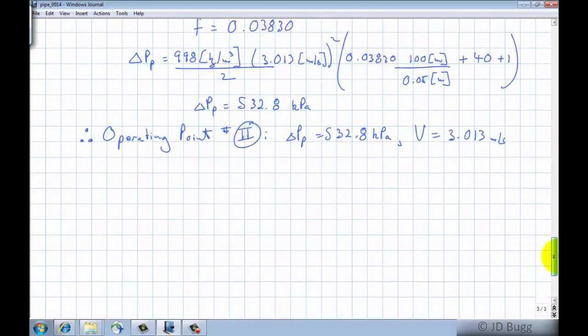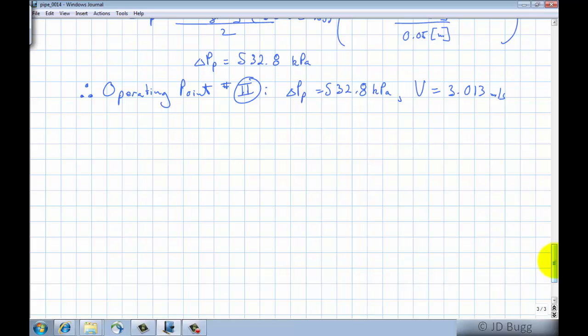Now what we need to do is use those 2 pieces of information to calculate A and B. So I'll just recall what this pump curve looks like. And we can look at operating point 1 and write that equation with what we know about operating point 1. So 506.3 is equal to A minus B V squared.